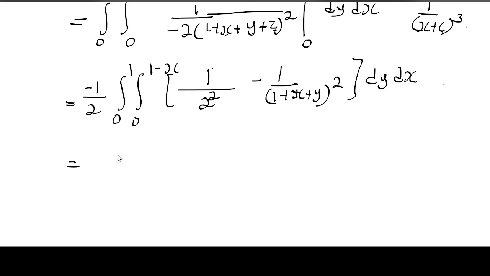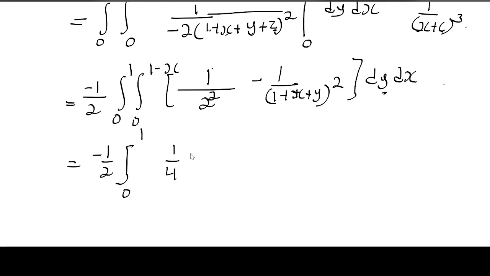Next, the remaining variables are y and x. In the order I have, the first one is y, so now I have to integrate with respect to y. Again 1 by 2 is constant here. Integration 0 to 1, I'll be integrating this second integral. So 1 by 4 is constant and remains as it is.